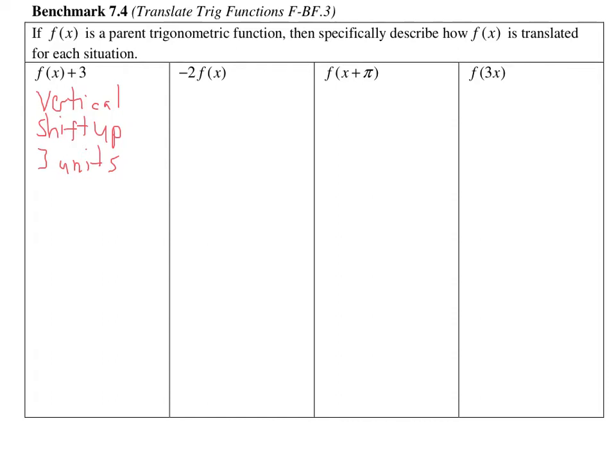So this one would be called not a shift, but a vertical stretch by a factor of 2. If that was a 1/2 in front, it would be a vertical shrink by a factor of 1/2. You're halving it versus doubling it.